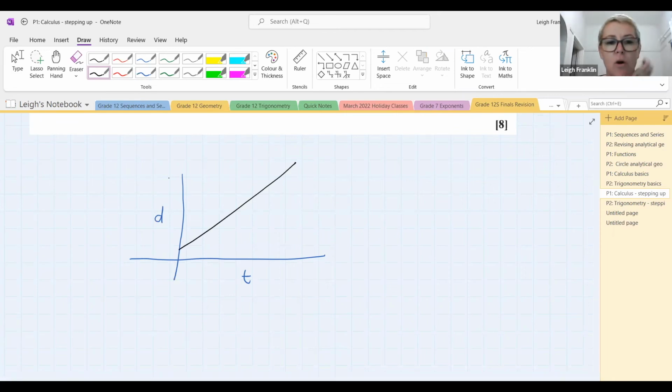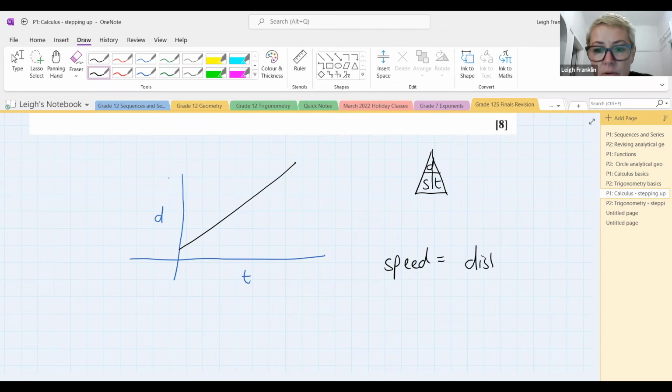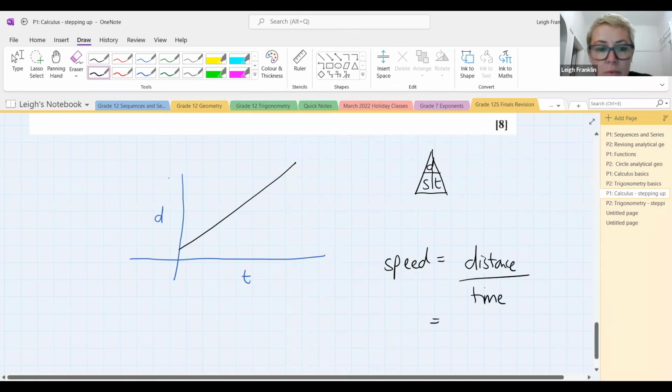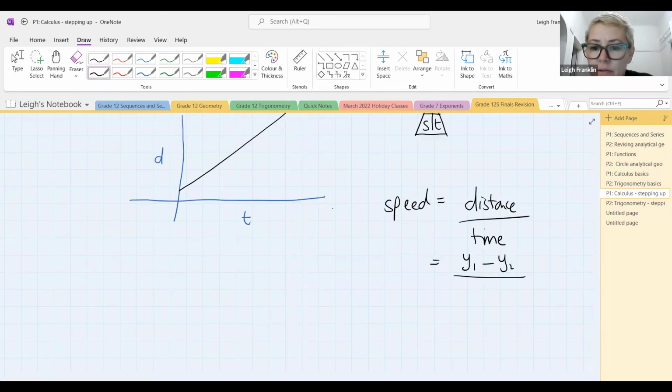Remember from your speed, distance, time triangle, speed is distance divided by time. Distance is your change in y, and time is your change in x.